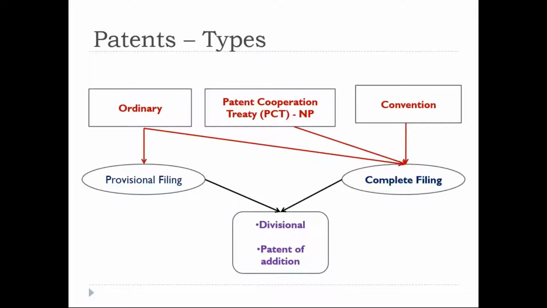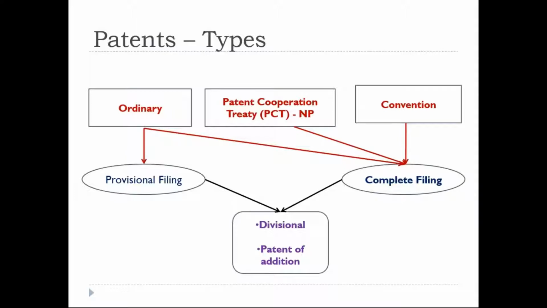They need to have a clear vision on the types of applications. The first terminology we should be familiarized with is what types of application are available. There are 3 types of application available for filing a patent.